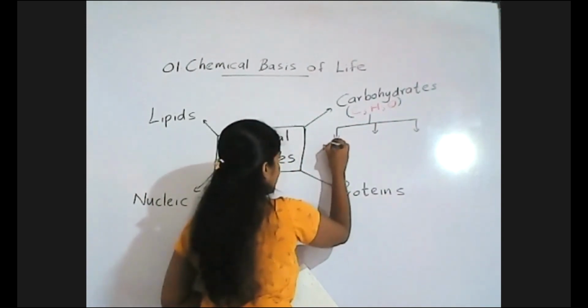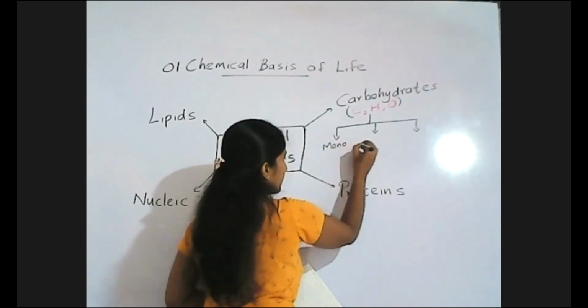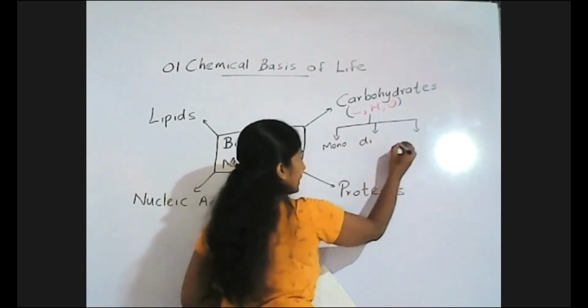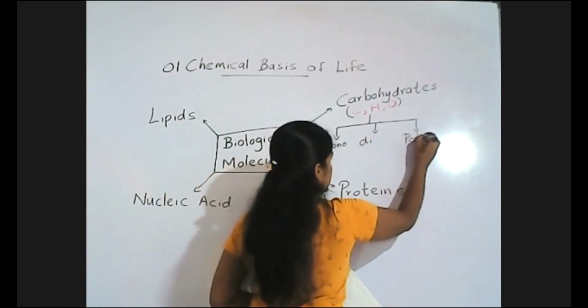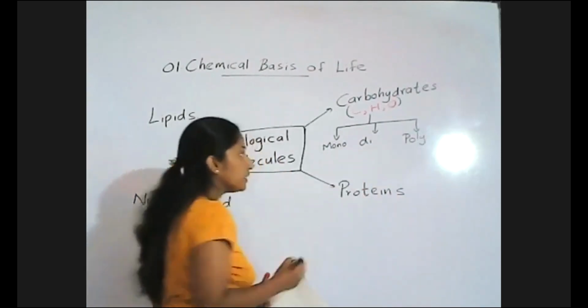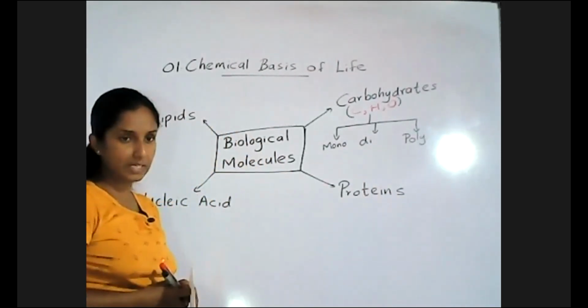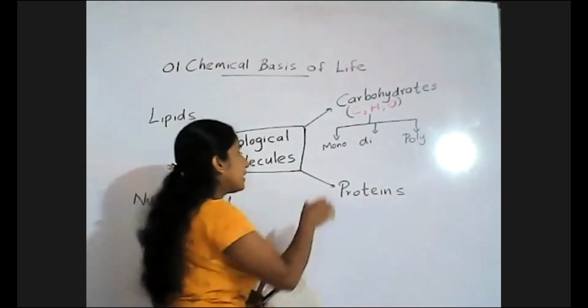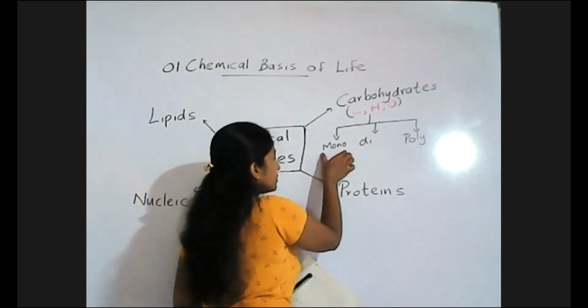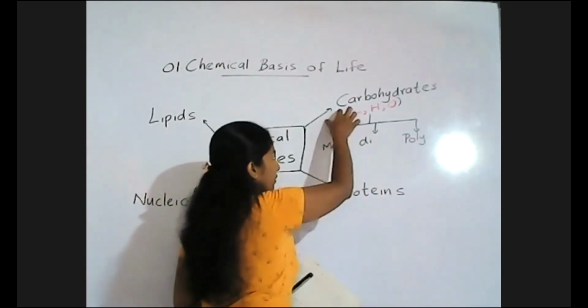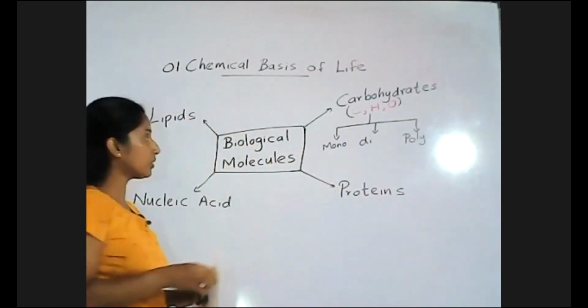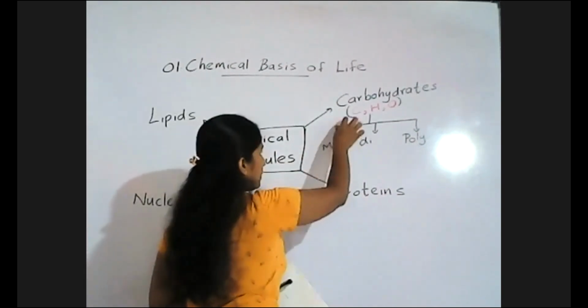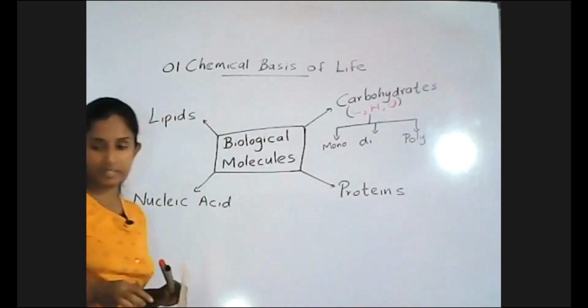I write in short form: monosaccharides, disaccharides and polysaccharides. Mono means one, right? So the monosaccharide is the building unit of carbohydrates. Monosaccharides are the building units of carbohydrates.